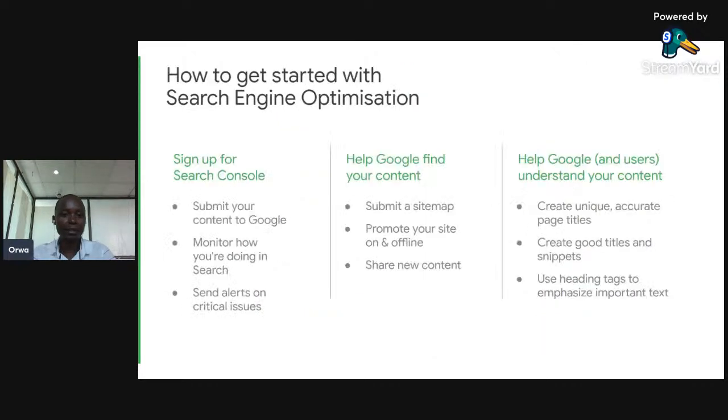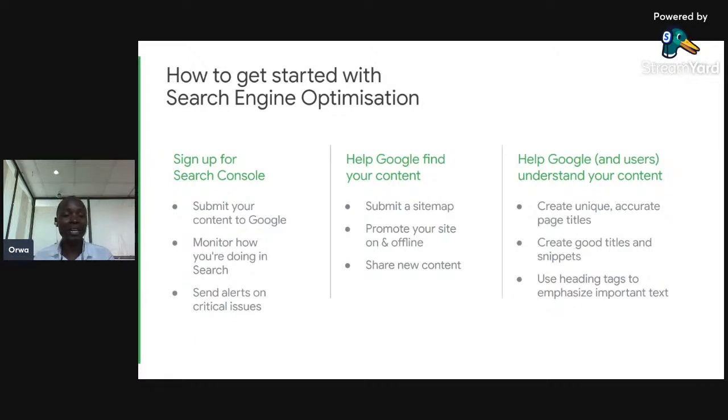Great. So let's take a look at how you get started with search engine optimization. Three steps that we will share with you. The first thing you can do is sign up for Search Console. When you sign up for Google Search Console and submit content to Google, Google will be able to monitor how your content is doing and share some results or statistics with you.